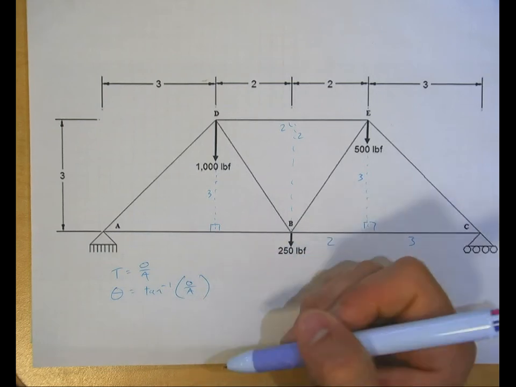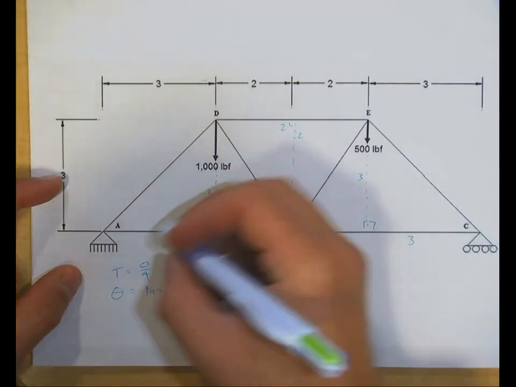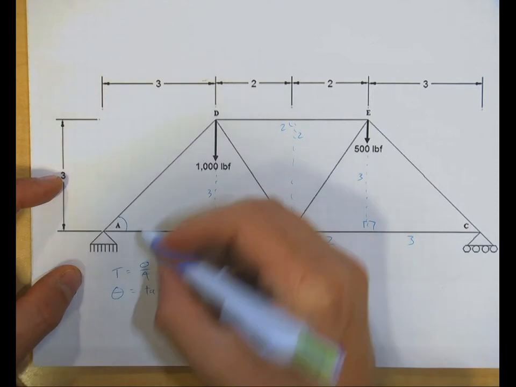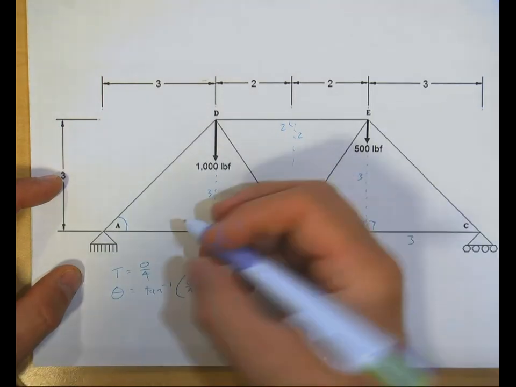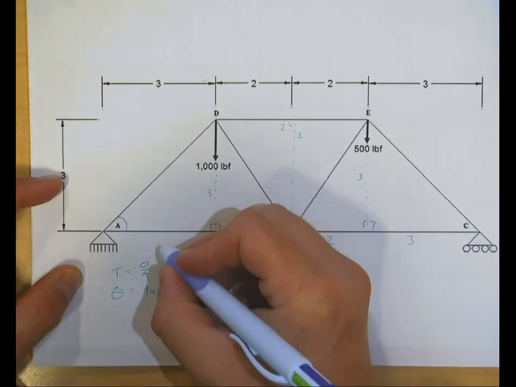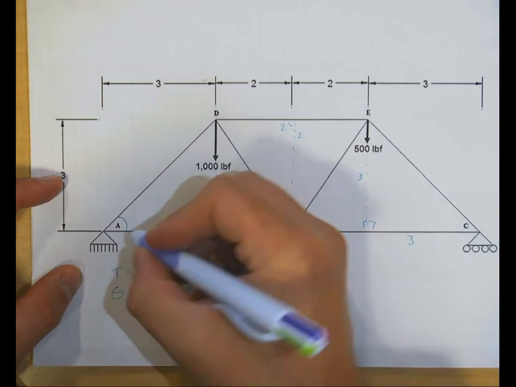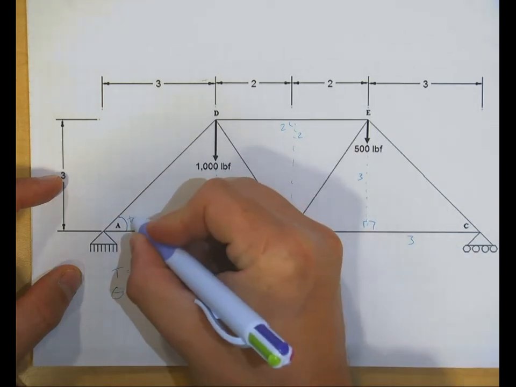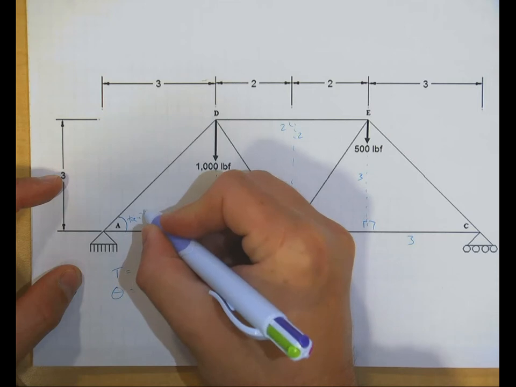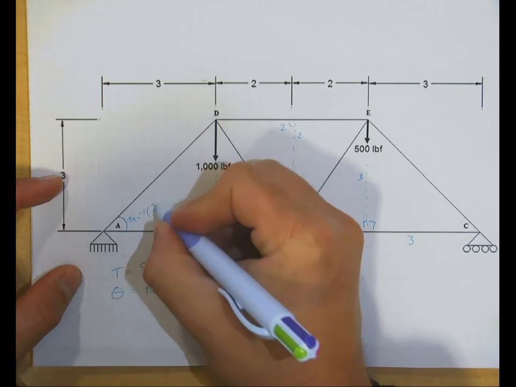All right. So let's go ahead and solve for these angles. The angle here at A is going to be opposite over adjacent. Adjacent is 3, so this is inverse tangent of 3 over 3.